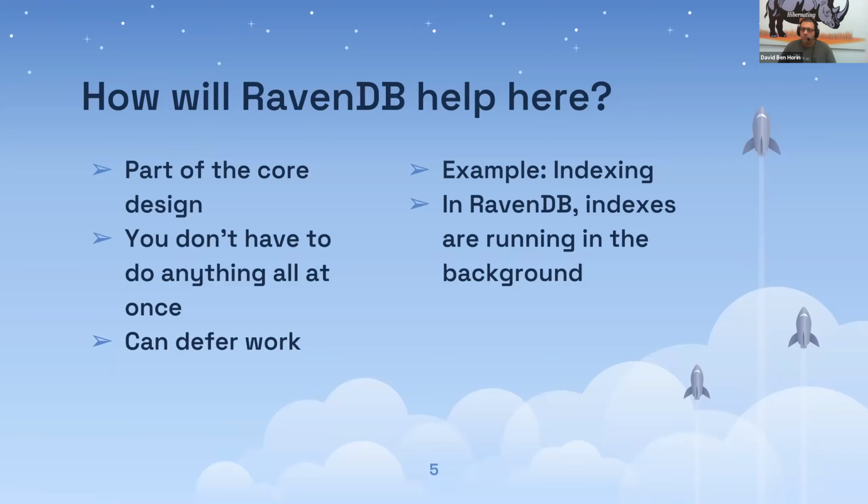But it also means that the query latency and our ability to manage the state is much higher. You don't have to wait for things. You could. There is a feature where you can say, I want to wait for the index to complete, either on save or on query time. But you don't have to, which means that you have the ability to optimize your system far better.